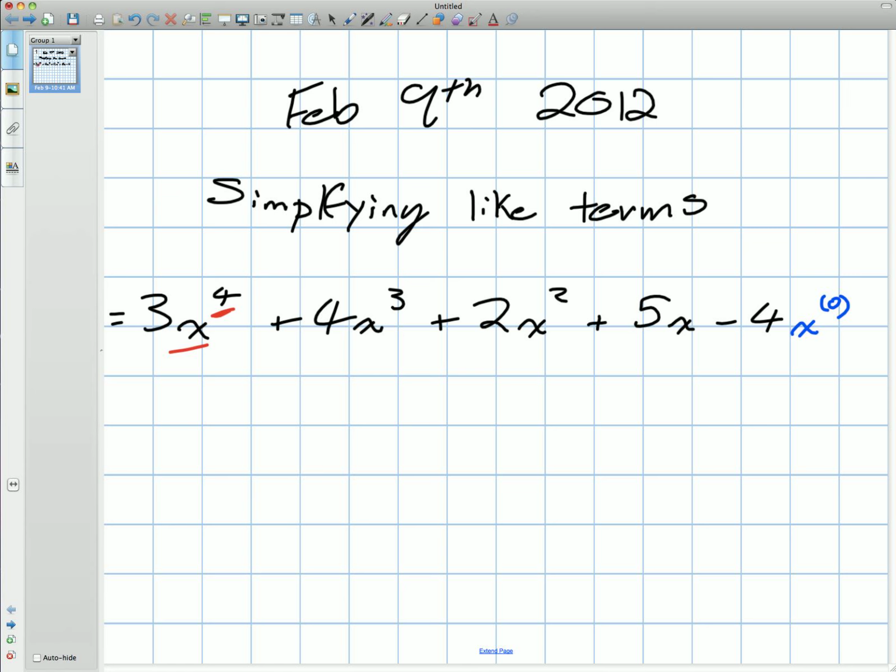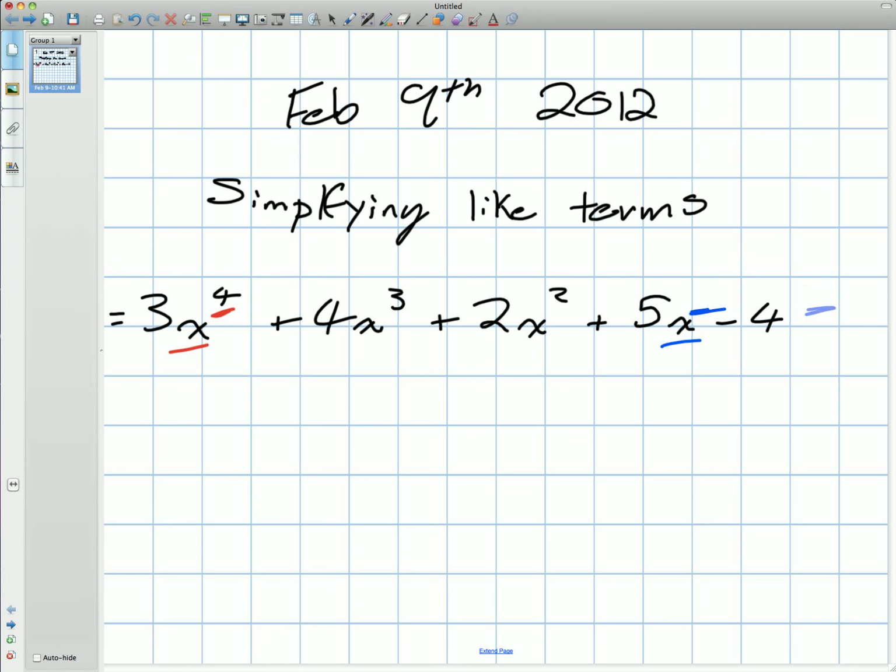What is any number to the exponent 0? 1. And what is 1 times 4? 4. It keeps the number the exact same, but it gives you the idea that the variable is to a different exponent, the exponent 0. So again, because its exponent is different from this variable's exponent, we're unable to combine those like terms.